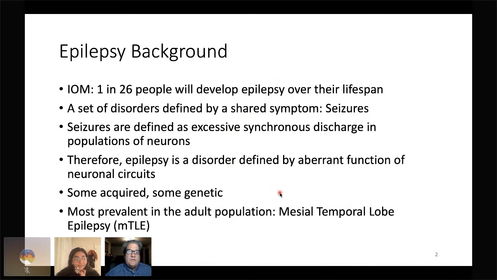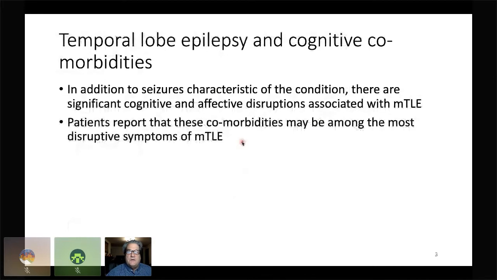Some forms of epilepsy are acquired, meaning that some kind of insult or experience that you've had generates the epilepsy, and some are genetic. The most prevalent form in the adult population is mesial temporal lobe epilepsy, which Ethan introduced. In addition to the seizures characteristic of the condition, there are significant cognitive and affective disruptions associated with TLE.